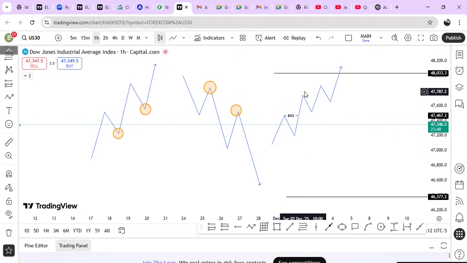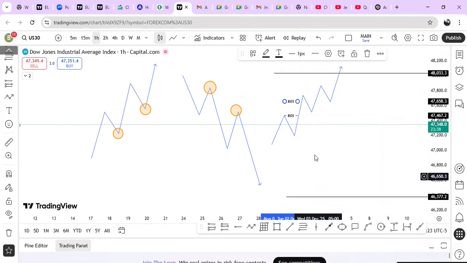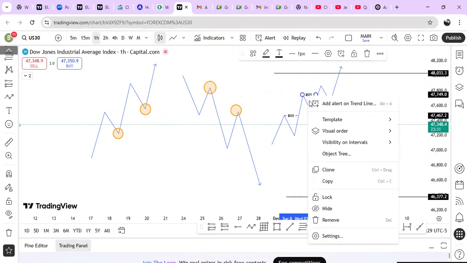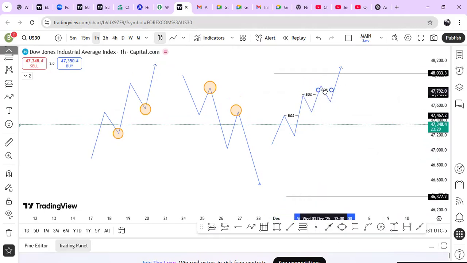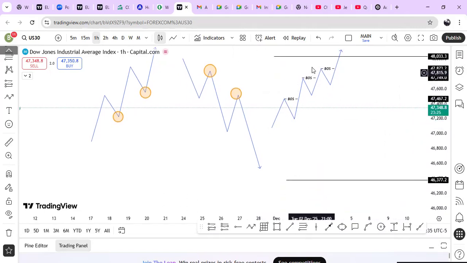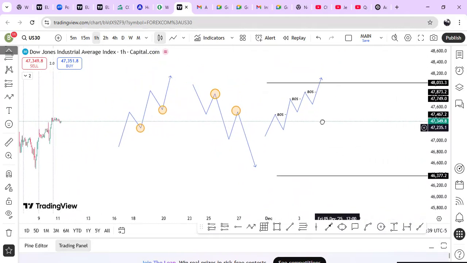Then when the candle rests, corrects again, and closes above the origin of the last correction again, that's another break of structure. Correction again, closes above, that's another break of structure. So they read price breaking to the upside as break of structures.